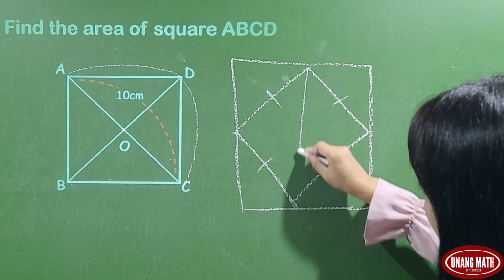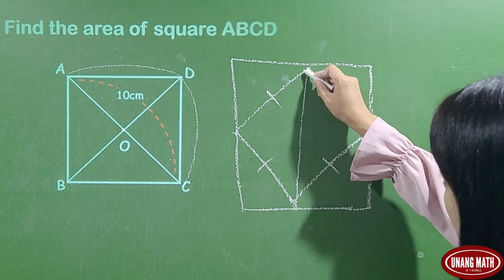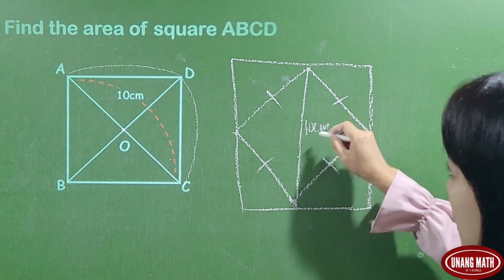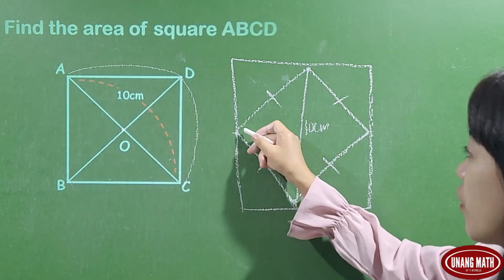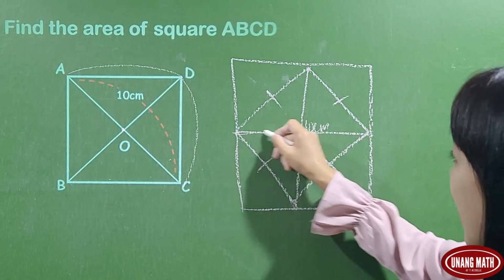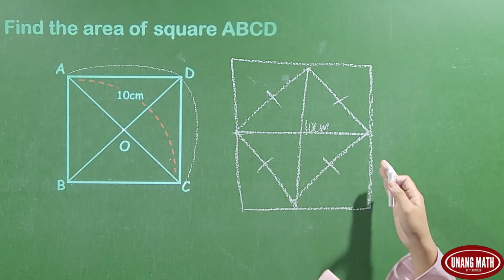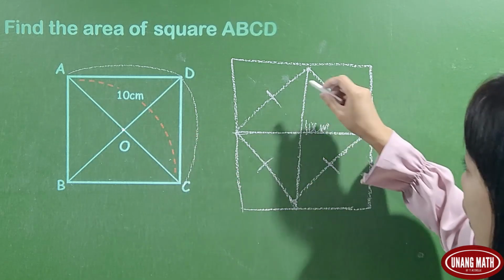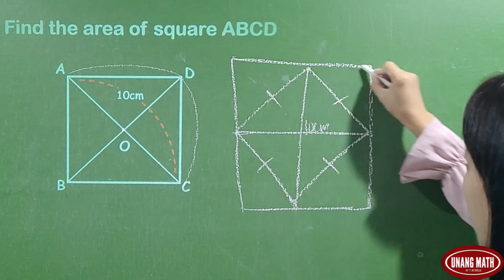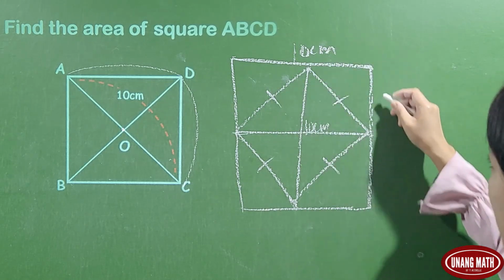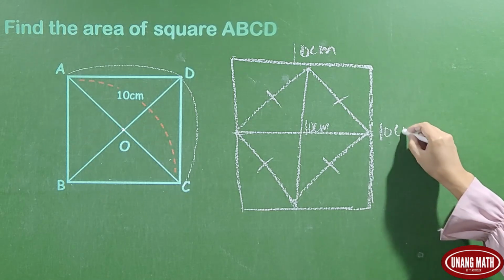So from here to here, if we draw this diagonal line, then this measures 10 centimeters according to this figure. So this is also 10 centimeters. So we can now find the area of this square. This measures 10 centimeters, and this measures 10 centimeters.